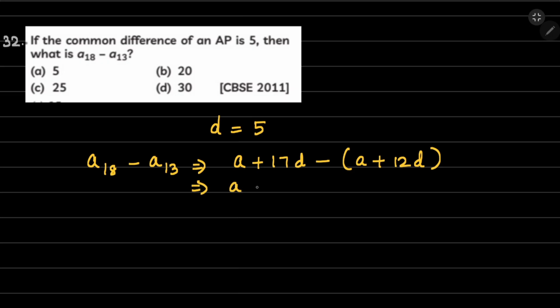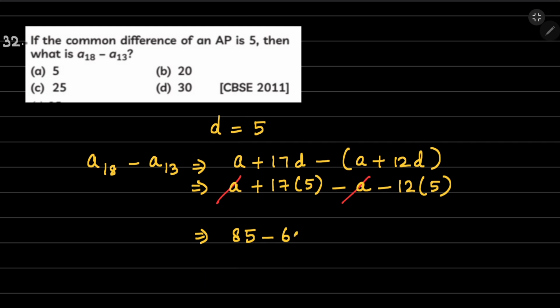So you have A plus 17D; in place of D, I can substitute 5; minus A, minus into plus is minus 12D, in place of D I'll write 5. This plus A and minus A will get cancelled. So what is 17 into 5? It is 85 minus 60. So 25 is the correct answer. Option number C is the correct answer.